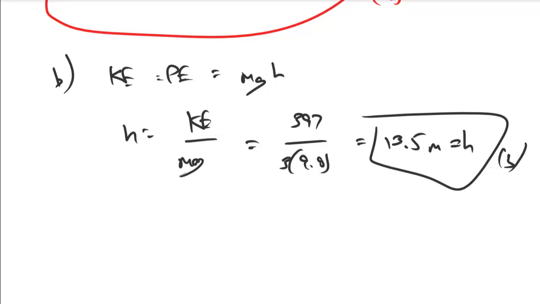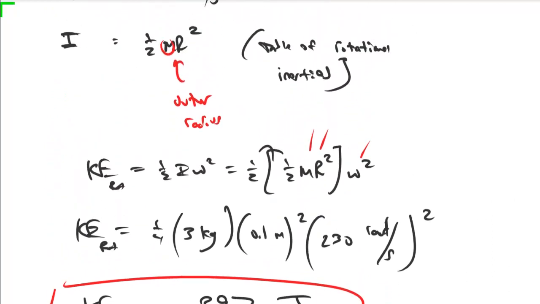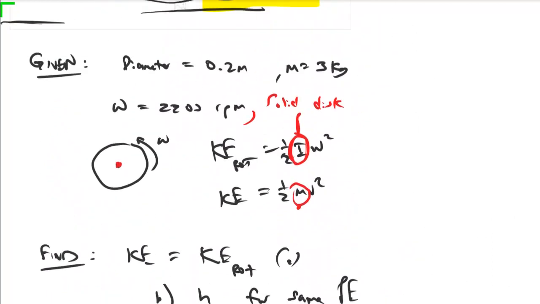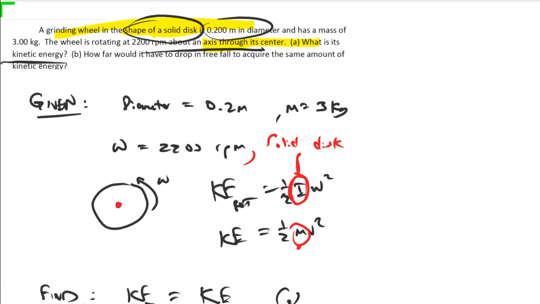So if I had 3 kilograms of water fall this far, and I could take all that energy and store it, and I had a disk in the configuration up here, then I would need to spin it at 2200 revolutions per minute to store all that energy from that 3 kilograms of water from the waterfall.